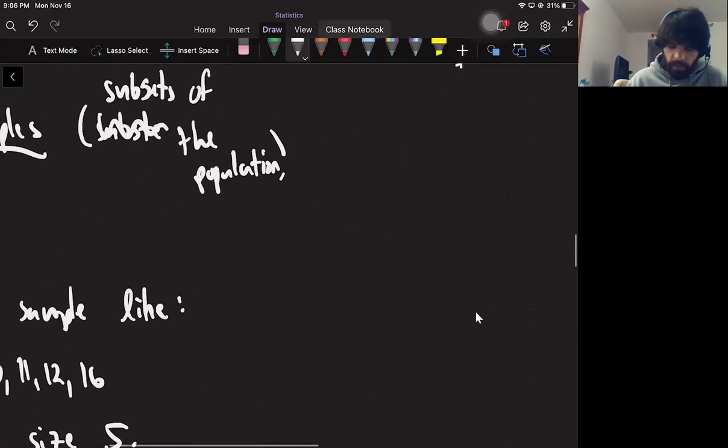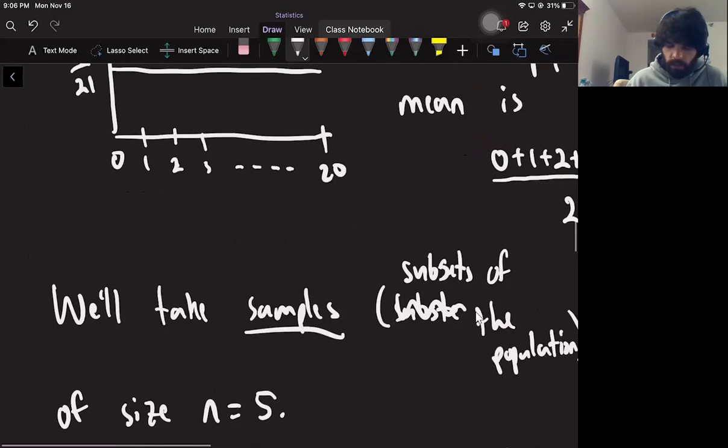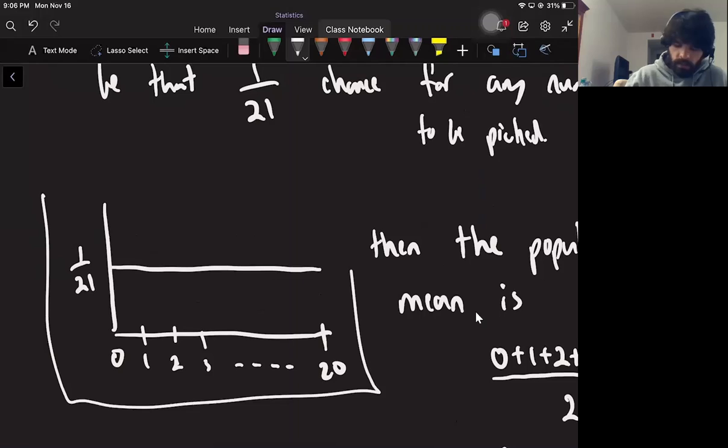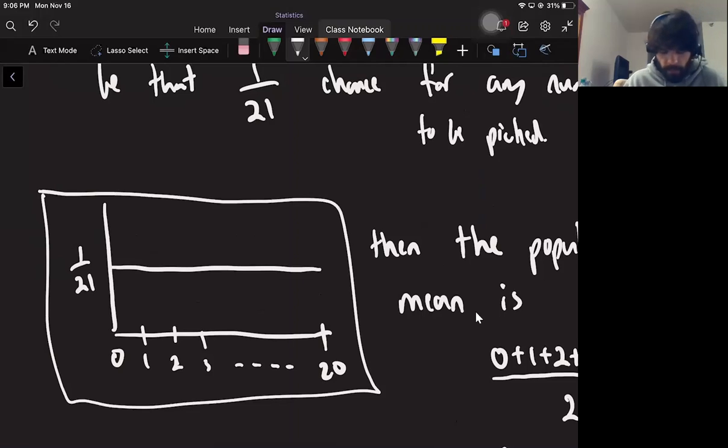And notice this happens even though the original population was not normally distributed. We're not picking from a normally distributed set of data. So this was not a normal distribution.